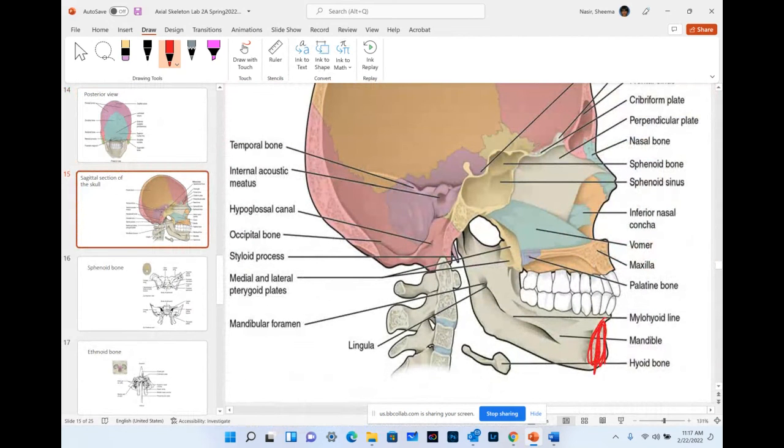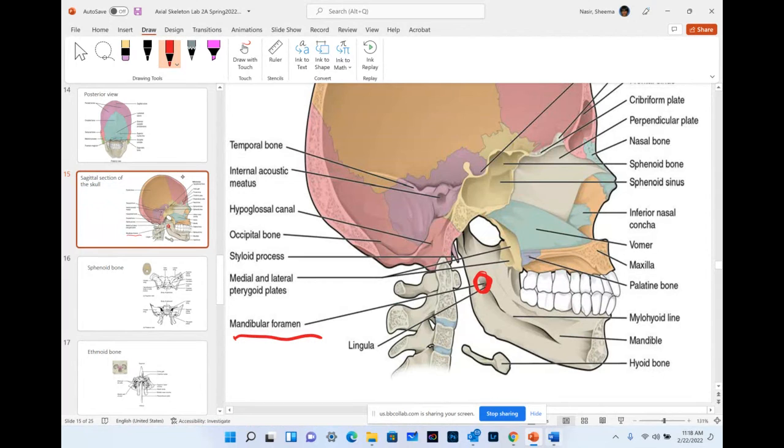They cut the mandible so that you are only seeing half of it. Now you are looking at the left half of the mandible from the inside, from the oral cavity side. You see a hole right here? That is your mandibular foramen.